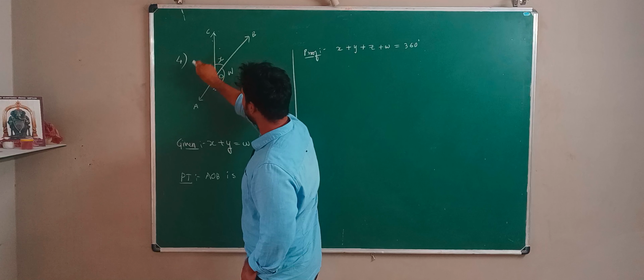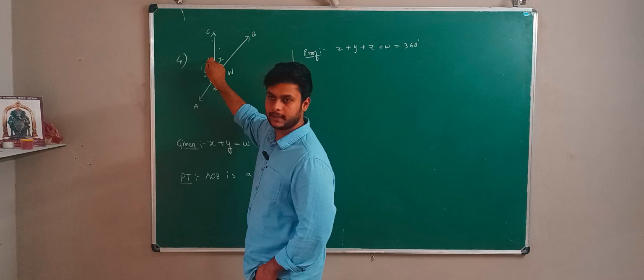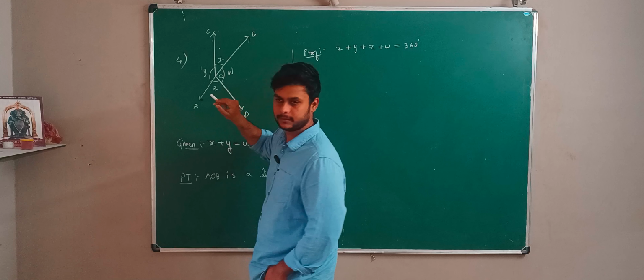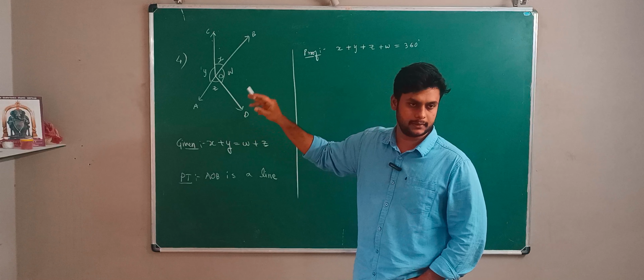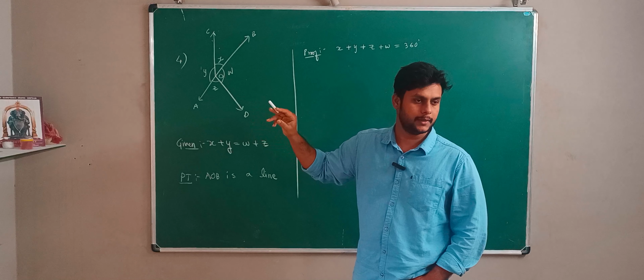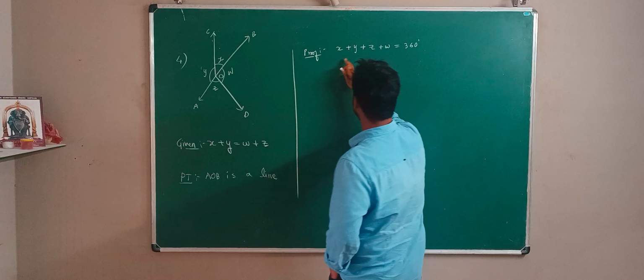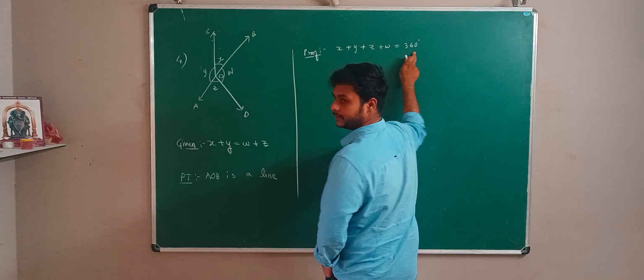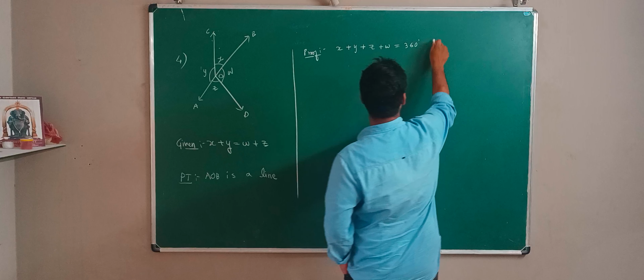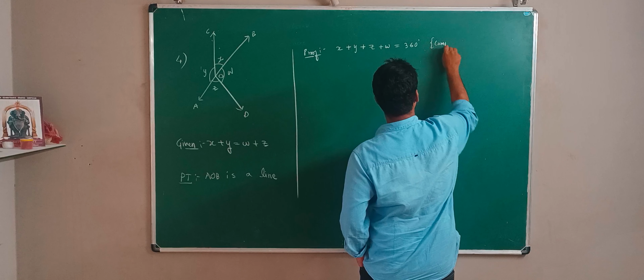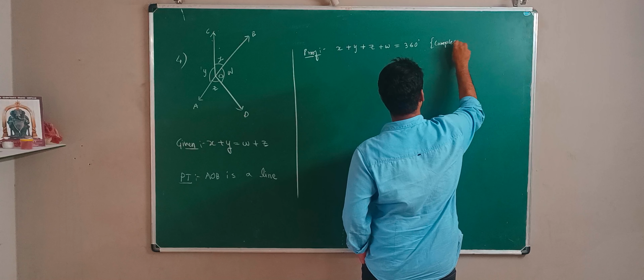I started from here and did a whole circle. To complete a circle, it will become 360 degree. So x plus y plus z plus w is equal to 360 degree. Now it is a complete angle.